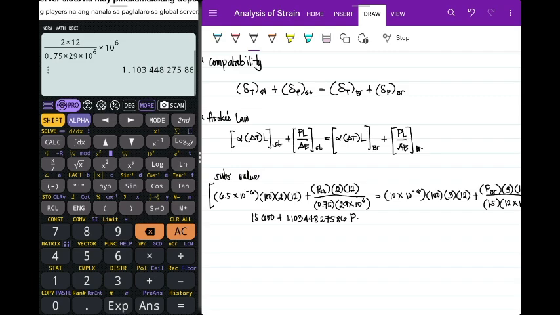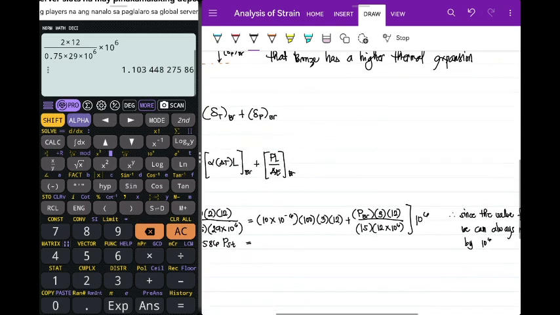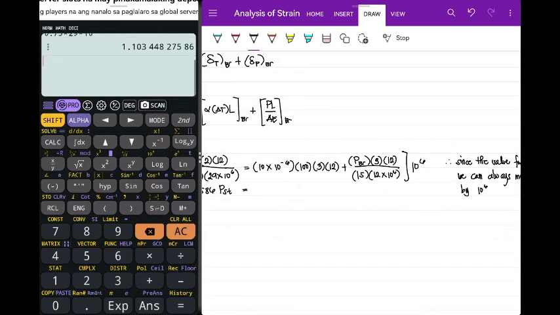It is much easier to deal with bigger whole numbers rather than a very small decimal number. Okay, so we have 2 times 12 divided by 0.75 times 29 times 10 to the power of 6, and of course times 10 to the power of 6, we are given this value.